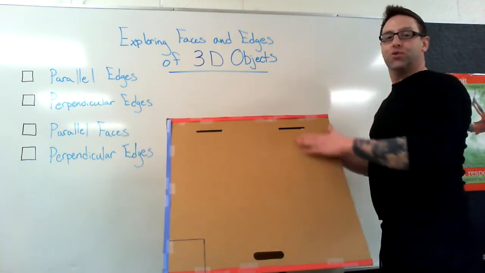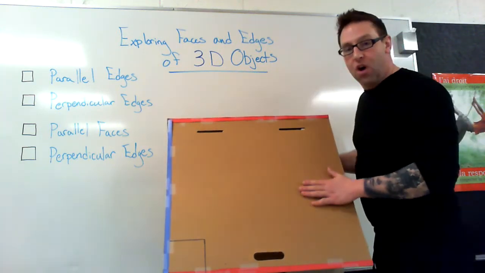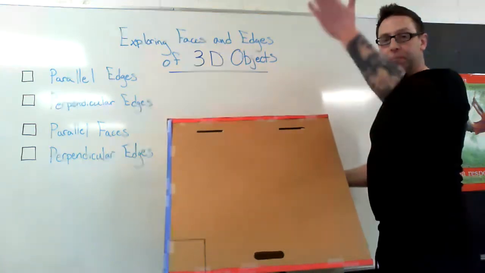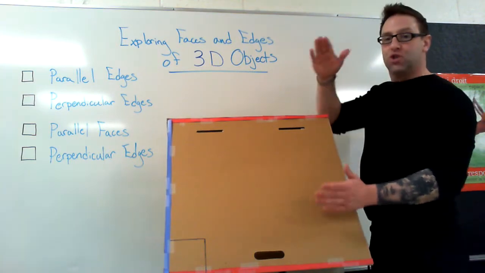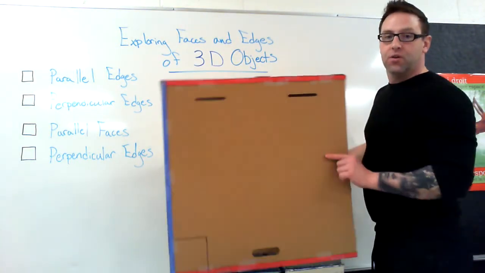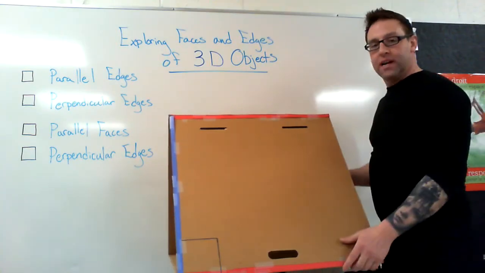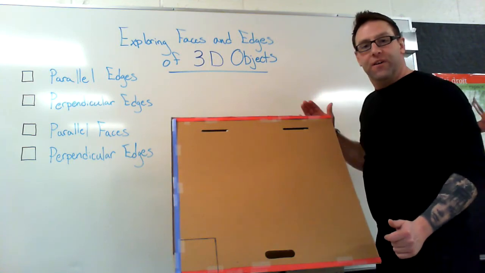Because it's a triangle and it meets at a point, this face is not vertical because it's not straight up and down. Yes, it's going up off of the desk, but it doesn't go straight up and down. If I tilted it on its side, then it would be vertical, but it's not sitting straight on a face, okay?